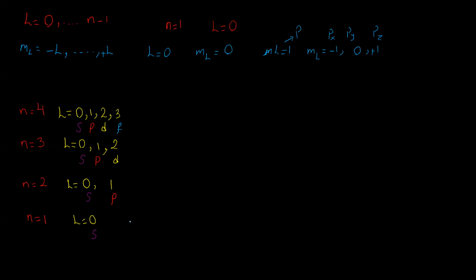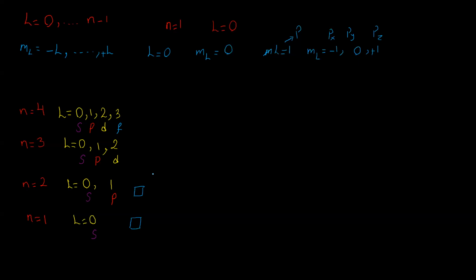So I write it here for S, we have only 1 orbital. And for each orbital, I show it using a small square. And for n 2, we have S that has only 1 orbital. And always P has more energy than S. And we have 3 P orbitals.